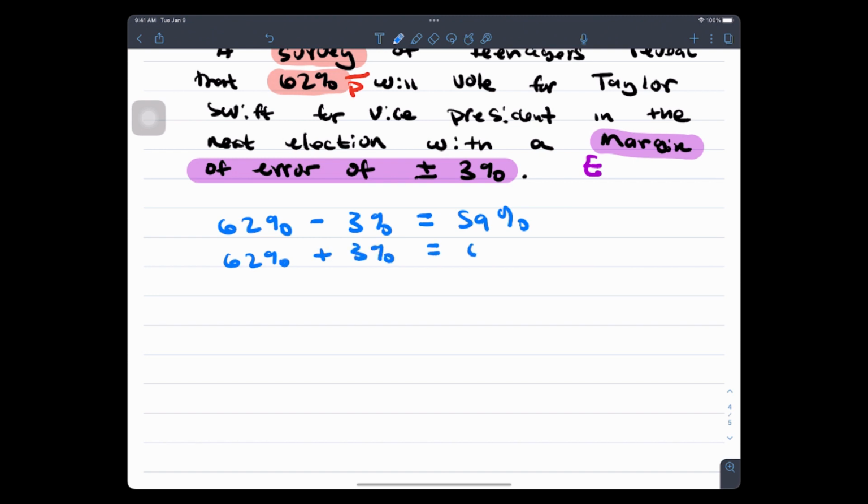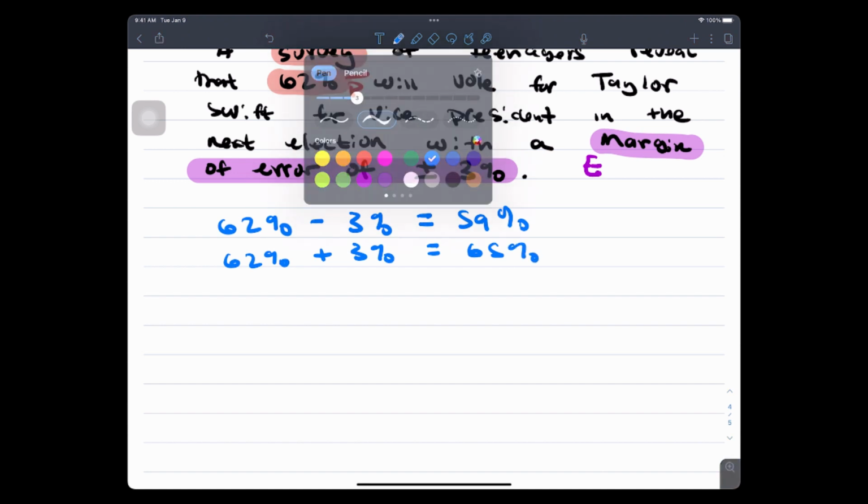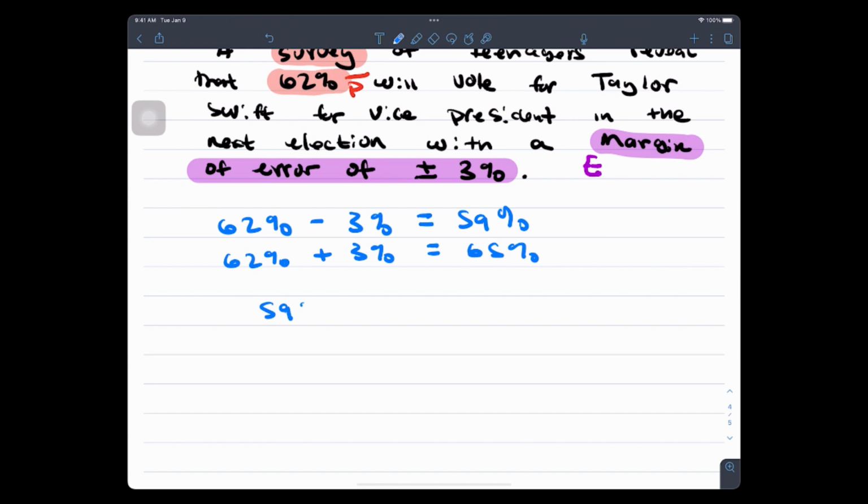$62 plus 3% is what? 65%. What does this mean, ladies and gentlemen? This means the lower value is what? 59%. The upper value is what? 65%. You guys good with this?